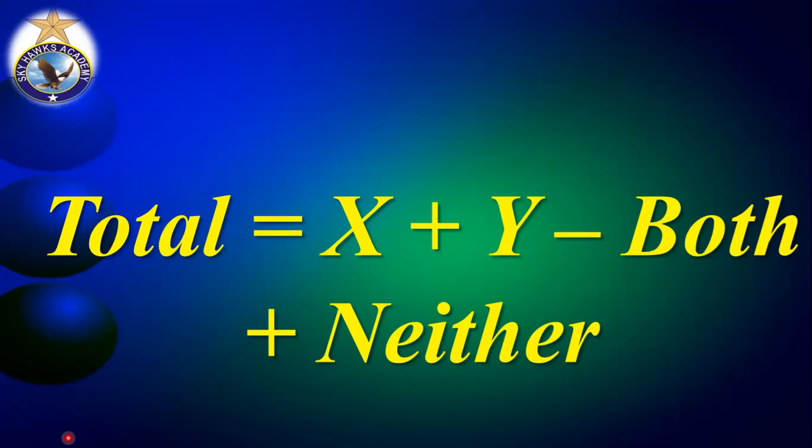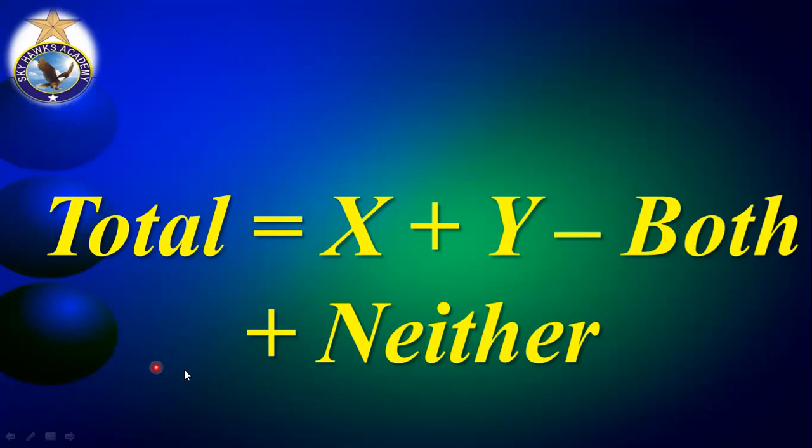Both means common, and neither means unique. In the example, 2 is in both sets, so it must be counted only one time, so we subtract this 2 once. This is the right formula.